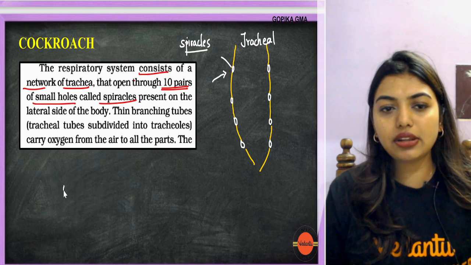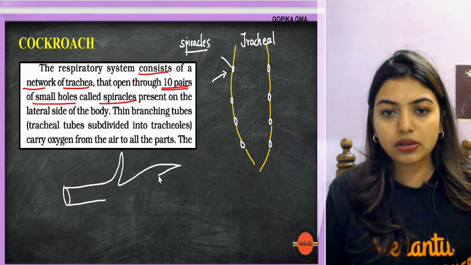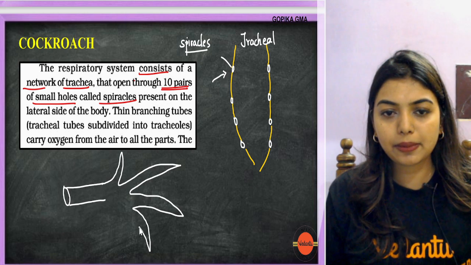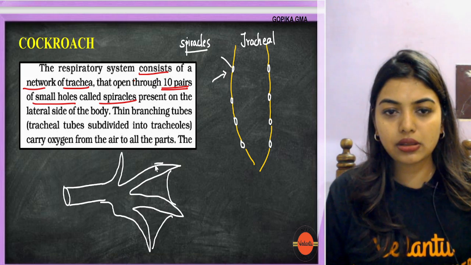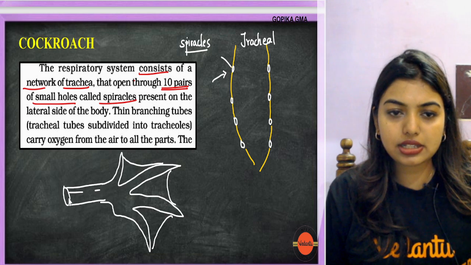Now generally the tracheal system looks like this. Yeah, it might look like a hand and all of that, but this is how the tracheal system is going to look.